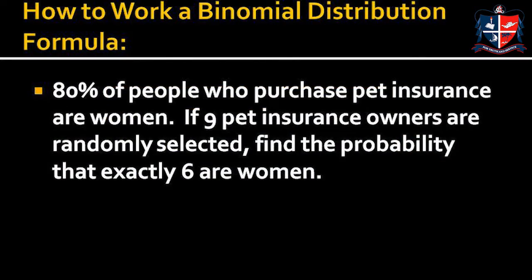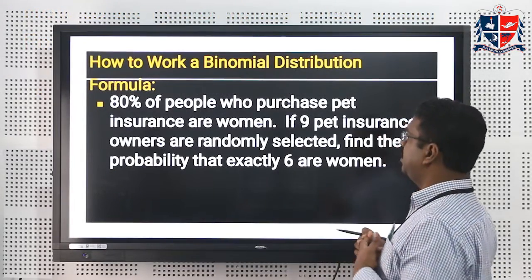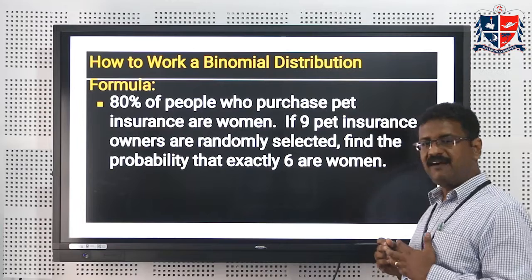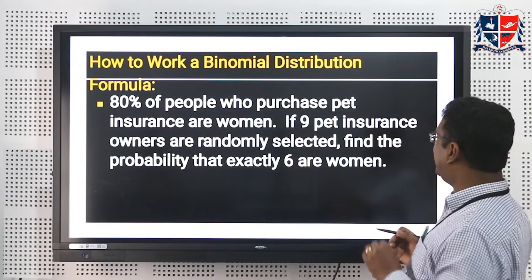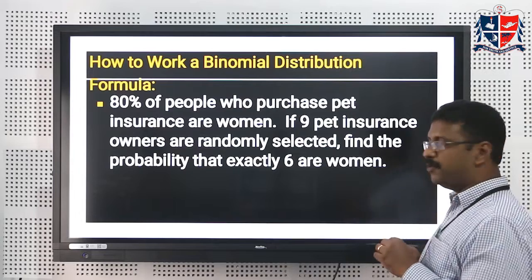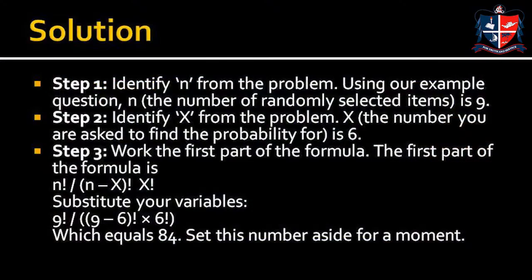So let's look at a problem to understand how this formula works. 80% of people who purchase pet insurance are women. If 9 pet insurance owners are randomly selected, find the probability that 6 are women. The first thing is we identify n from the problem. n is the number of randomly selected items.